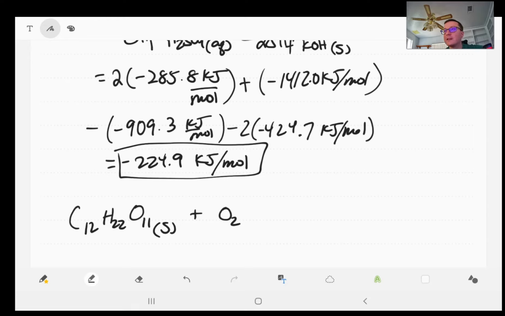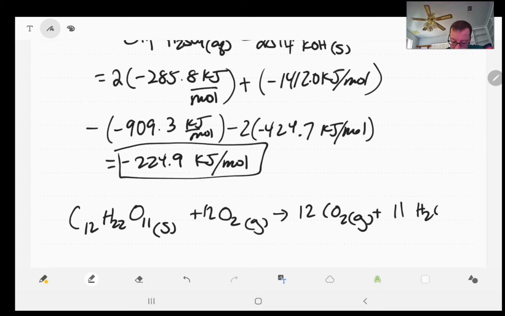Okay, let's see. Perfect. Oh, wait, this is an easy one, actually. So we need 12 oxygens. Turns into 12 CO2s plus 11 waters.